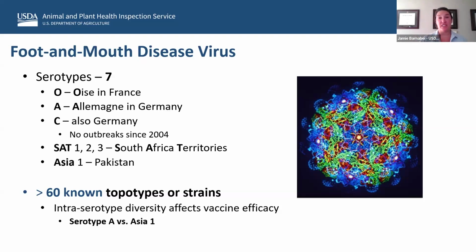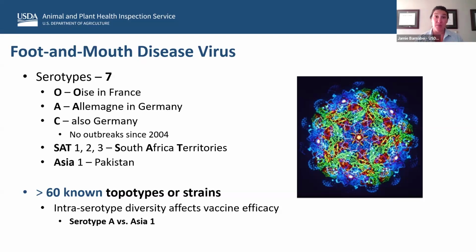And then within those serotypes, again, when we talk about a diverse pathogen, we have more than 60 known topotypes, or subtypes, or strains, if you want to call them that, that exist within those 7 serotypes. So not all serotypes are equal. Some of them are more diverse than others, and that does affect vaccine efficacy and the ability to develop vaccines for it. The example that I like to give is serotype A, which is notoriously challenging.